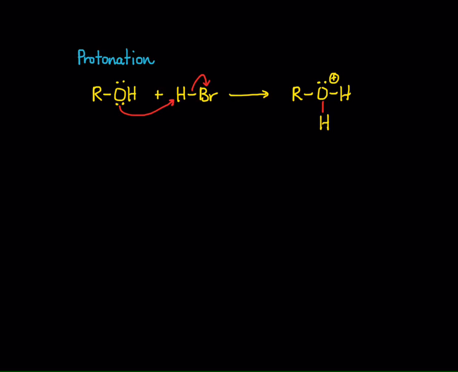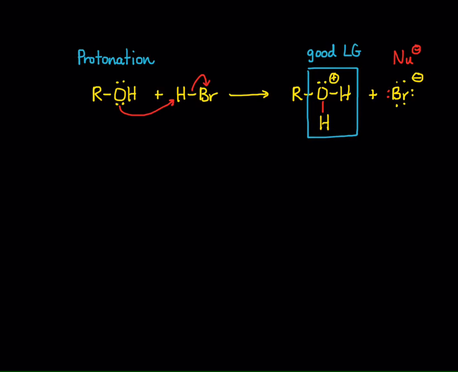The non-bonding pair of electrons on the oxygen, that's the HOMO, is going to react with the sigma star LUMO of the HBr bond, breaking that hydrogen-bromine bond, and we get essentially proton transfer plus bromide coming off. We get OH2, which is a good leaving group. So we've gone from OH, a poor leaving group, to OH2, a good leaving group.